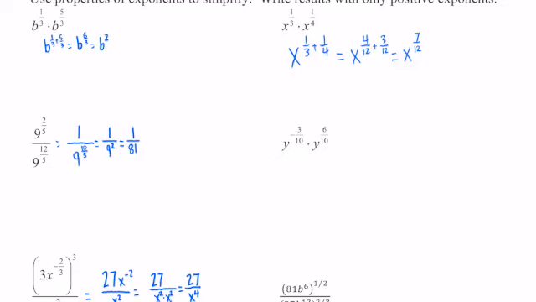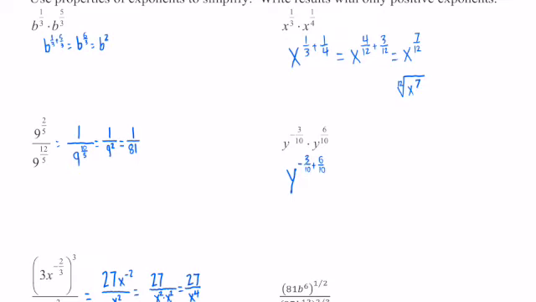This is completely correct. If you were asked to write this using radical notation, you could, where it would be the 12th root of x to the 7th. Next, y to the negative 3/10 times y to the 6/10. This is the same as the previous problem. Multiplying two exponential expressions together with the same base, we add the exponents.